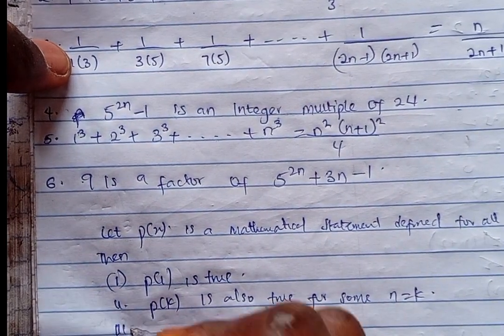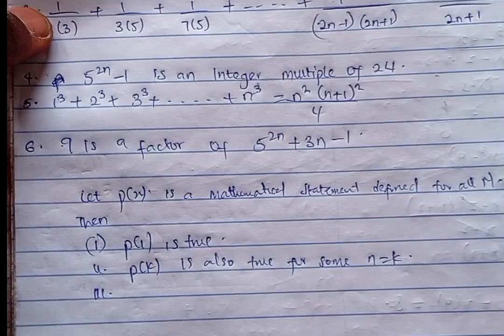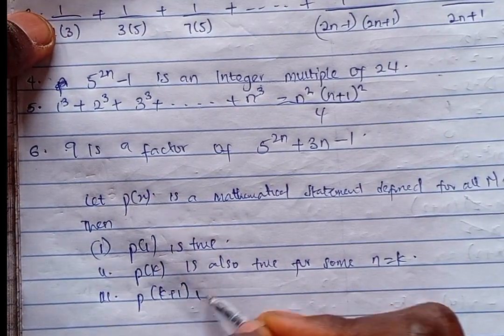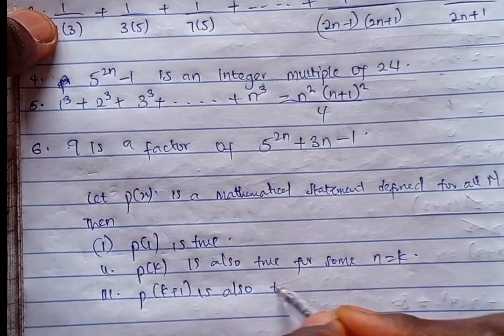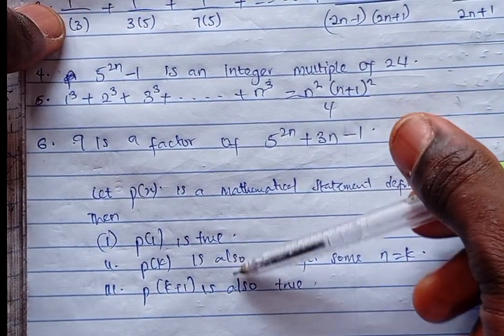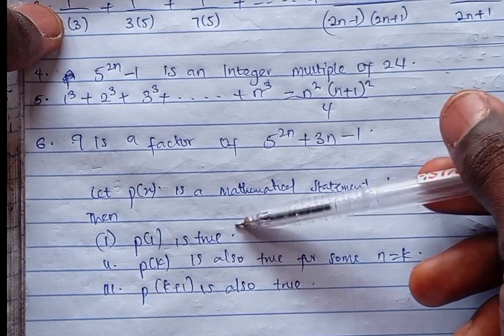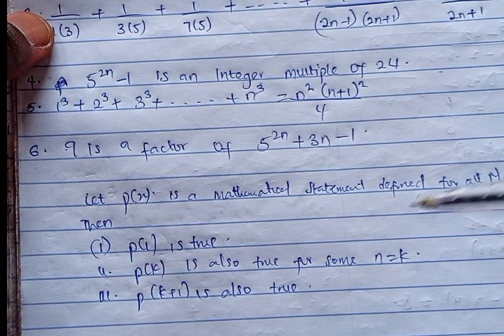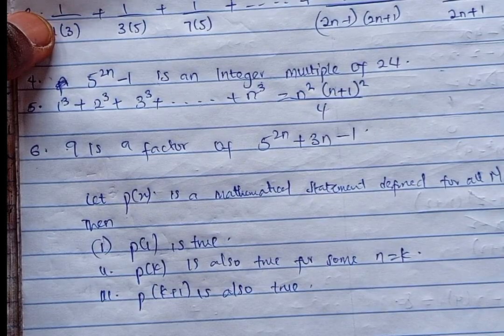Then the third and last, but not the least, P(k+1) is also true. If the statement satisfies these three conditions, then you can say that it is defined and true for all natural numbers.